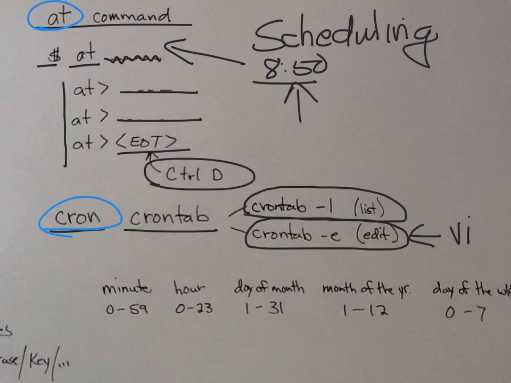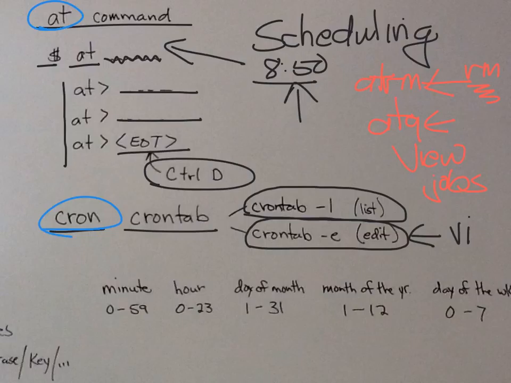Okay? When you do the at command, there is also a command that you can type, ATQ, and that would allow you to view the jobs that you have started. And there's also ATRM that would remove the jobs that you have in the queue if you wanted to do that.